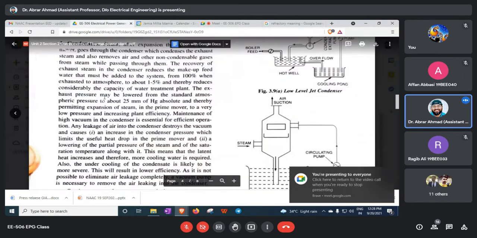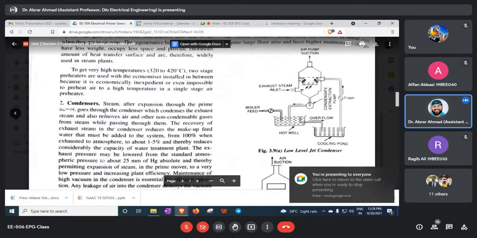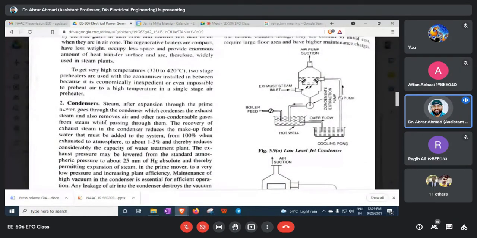Okay, so let's go to the next topic, which is condensers. The whole idea about condensing of the water is to make the water clean.